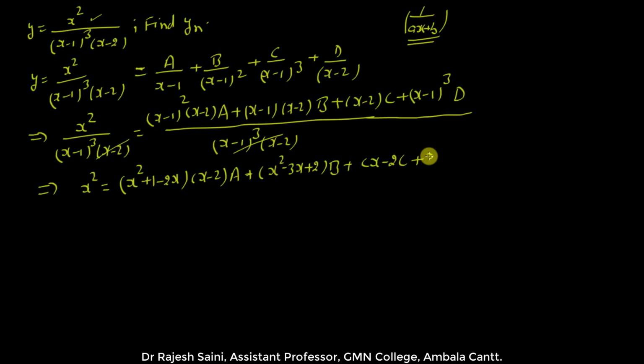Now open this: (x cube minus 1 minus 3x)(x minus 1), and outside is d.